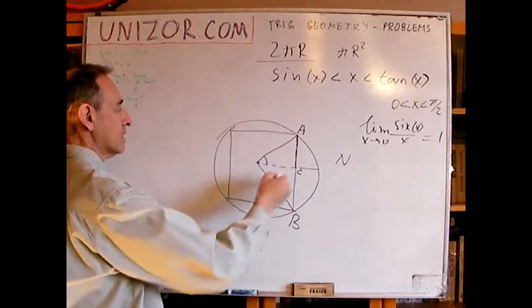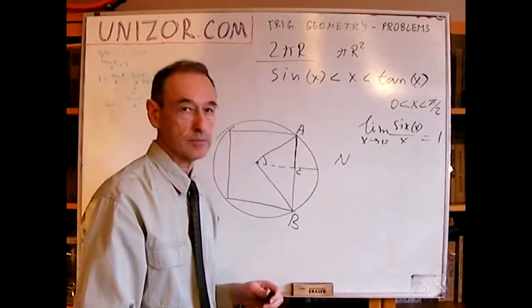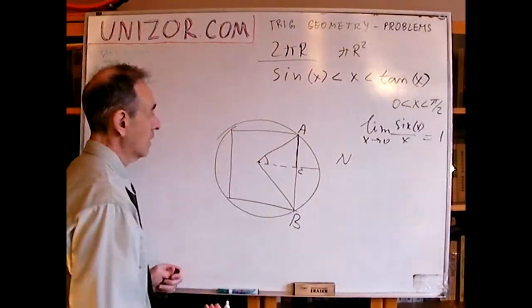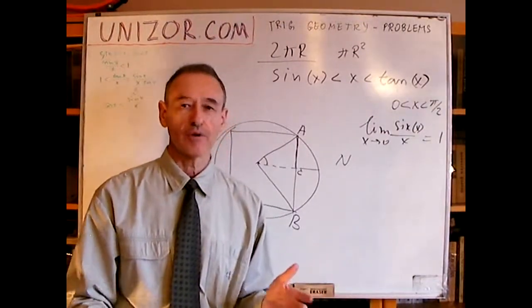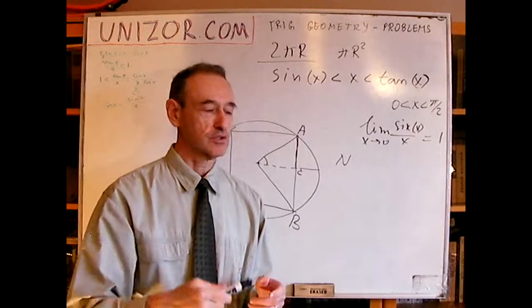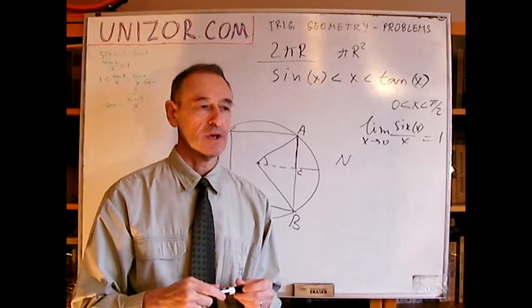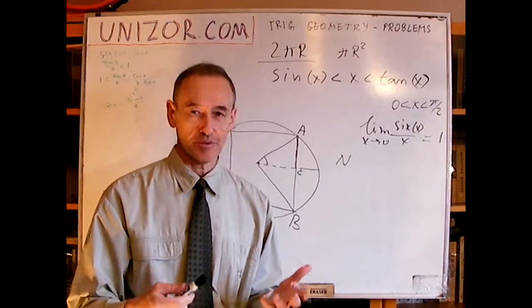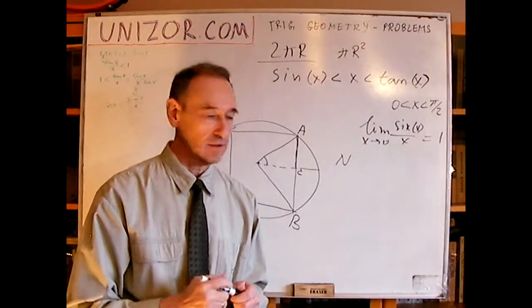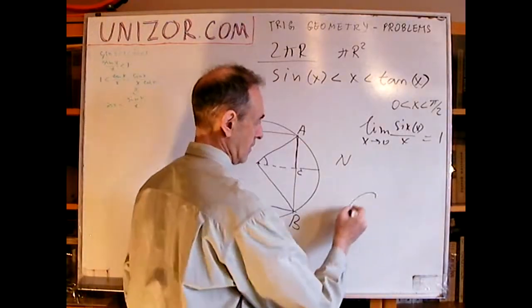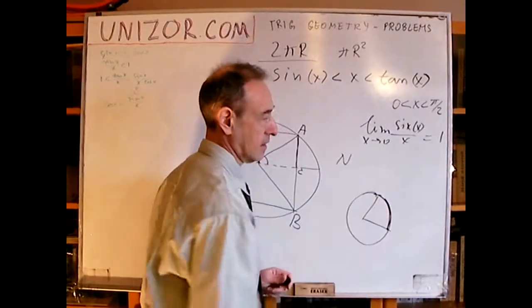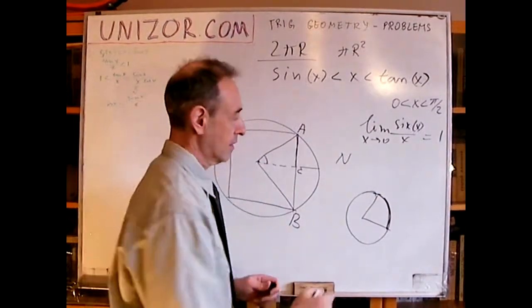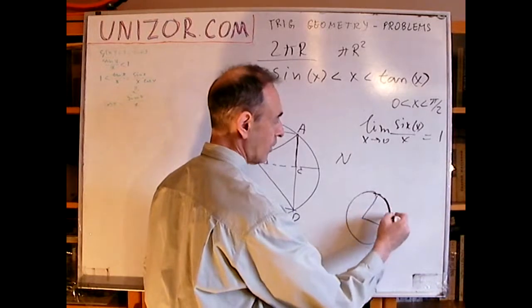Now, if my entire angle is 2 pi radians, and again, why is the entire angle 2 pi radians? Because we have defined the radian as an angle supported by the arc which has the length of r.